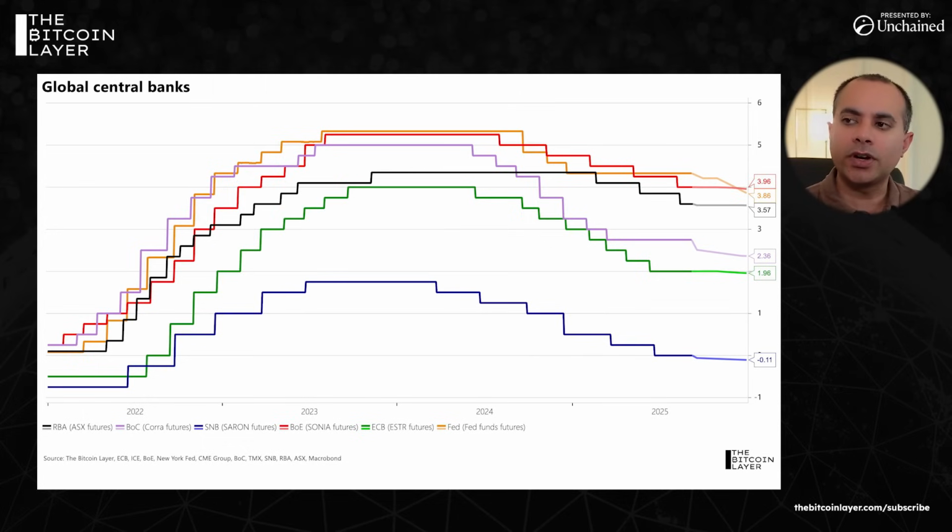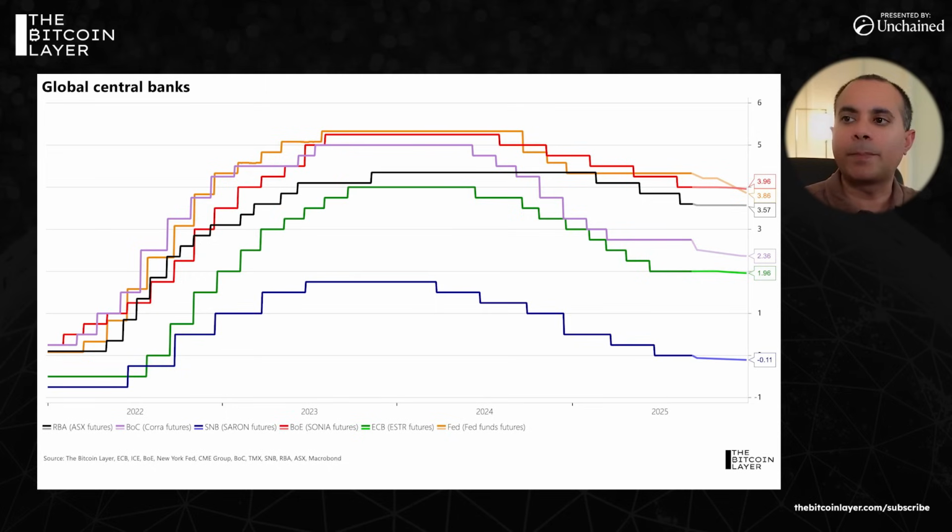So this first chart is a chart of global central banking rates around the world. You will see in orange here, the Fed funds rate. Now the part that's light orange is future pricing expectations of that rate, but the solid line going back is the actual policy rate.